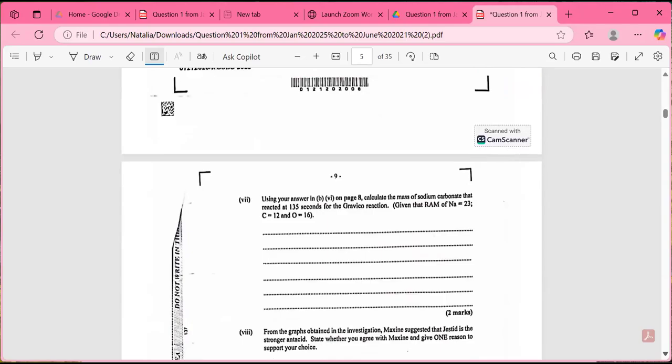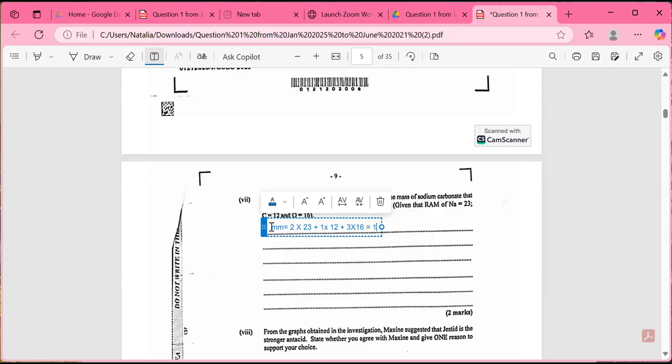Using your answer from B6 on page 8, calculate the mass of sodium carbonate that reacted. So we'll have to determine the molar mass. So the molar mass is equal to 2 sodium. 2 sodium is in the compound, so 2 times 23, plus it has 1 carbon, 1 times the mass of carbon, which is 12, plus 3 times the mass of oxygen.